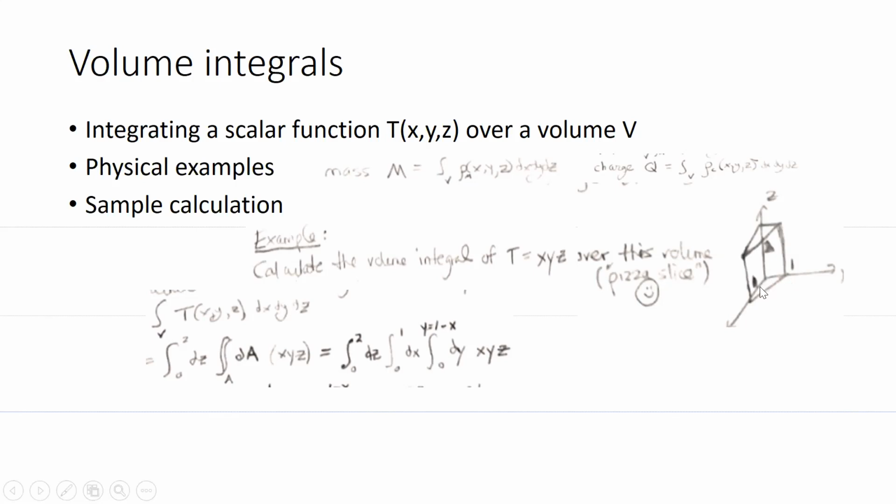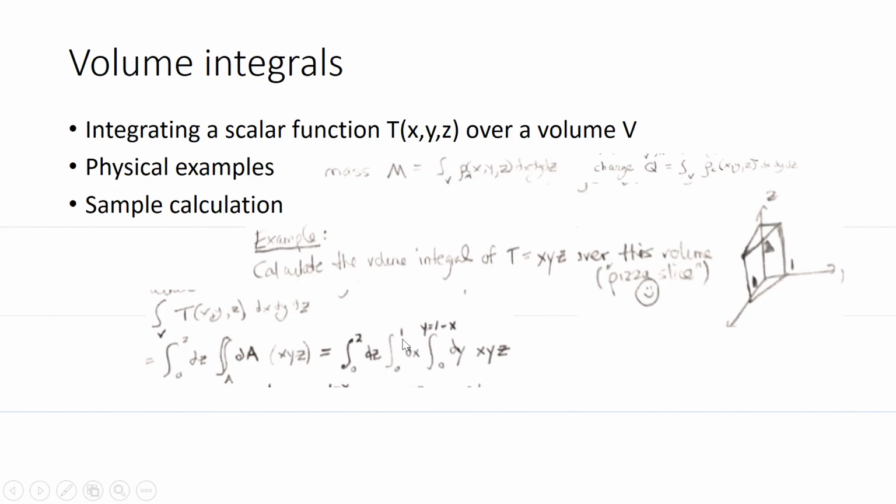For x equal 1, our limit of integration would be 0 to 0. The equation for this line is y equals 1 minus x, which you can check.